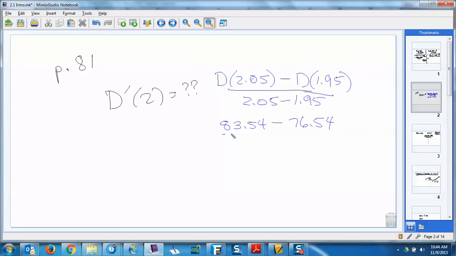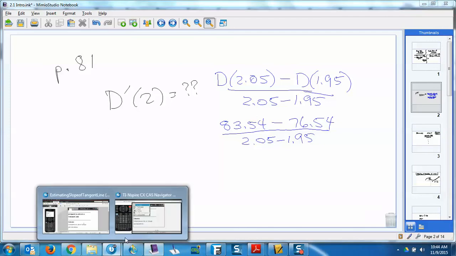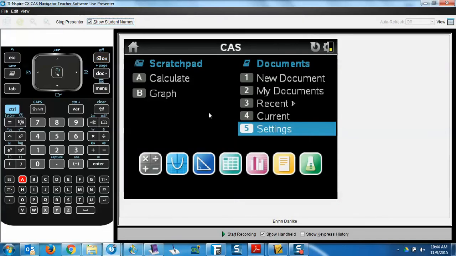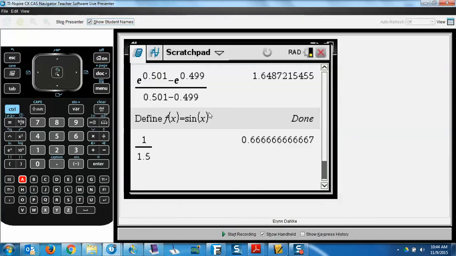And then Aaron, if you want to calculate that for us. Just do a control divide would be a good start.